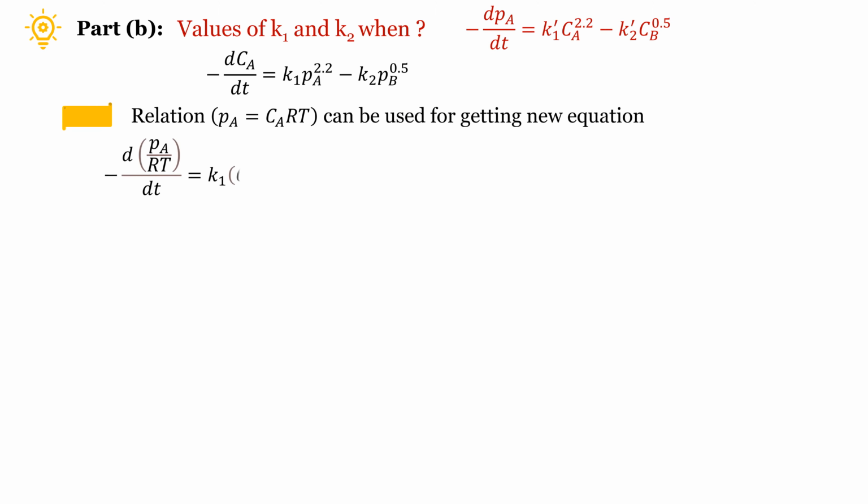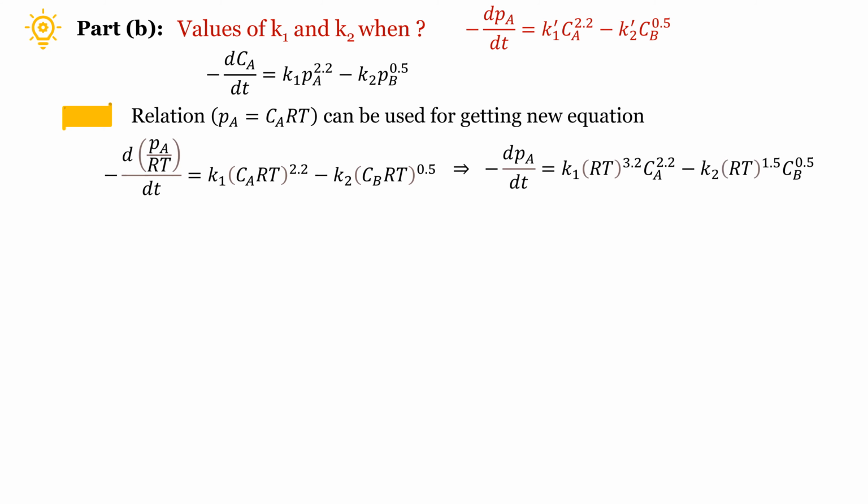Simply we will put the values of CA equal to PA divided by RT, PA equal to CART, and PB equal to CBRT. So this will be our final equation.